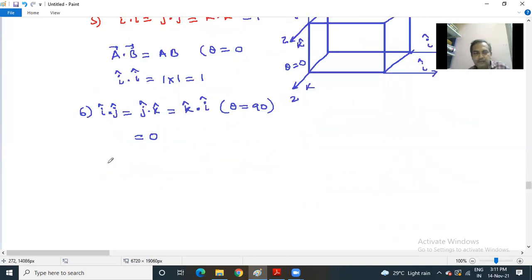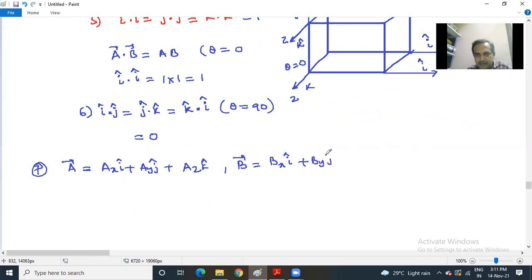Now, suppose two vectors: A is equal to ax i, its representation along the y-axis ay j, its representation along the z-axis az k. Similarly, vector B has bx along the x-axis, by along the y-axis, and bz k along the z-axis. It is very simple to get the dot product. I and I only you need to multiply, because I dot I is 1.